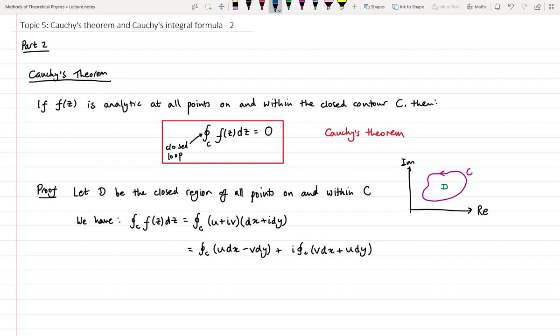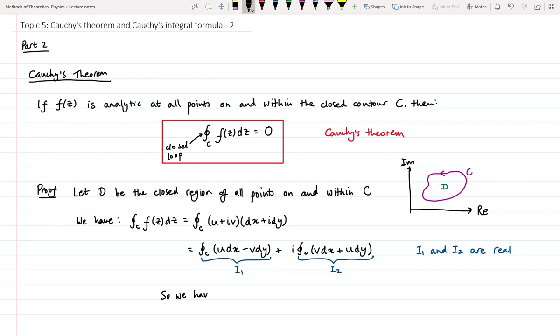So this is a complex number where the first term is the real part, the second term is an imaginary part. But you'll notice that the integrals themselves, that I'm going to label I1 and I2, these are real. I1 and I2 are real integrals, and they're real numbers. And in order for Cauchy's theorem to hold, we want both of these real line integrals to vanish.